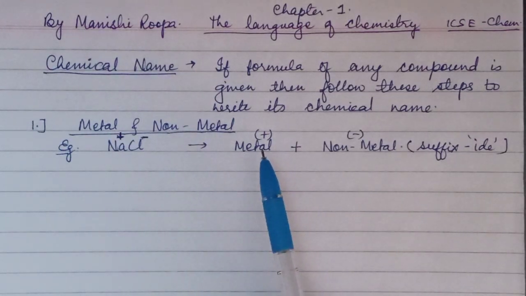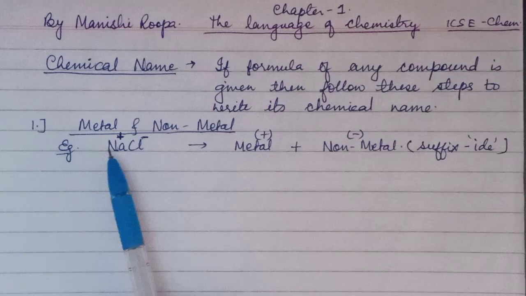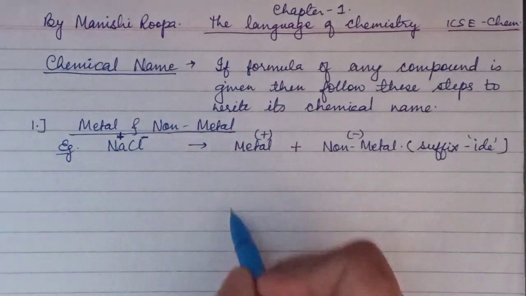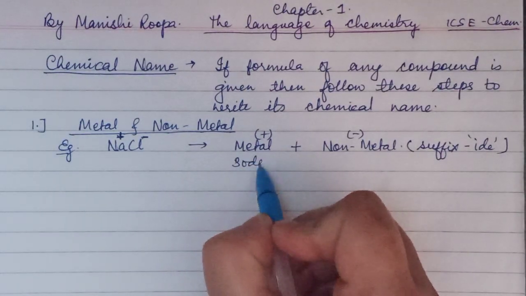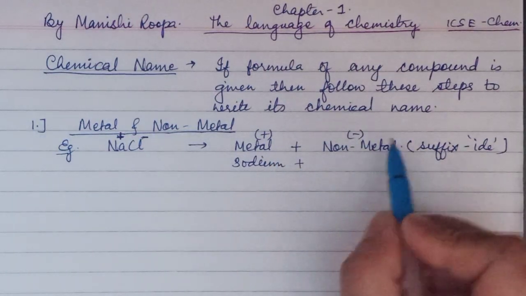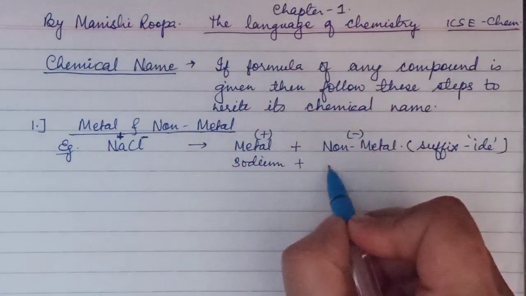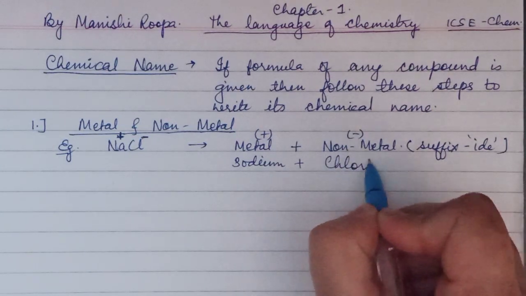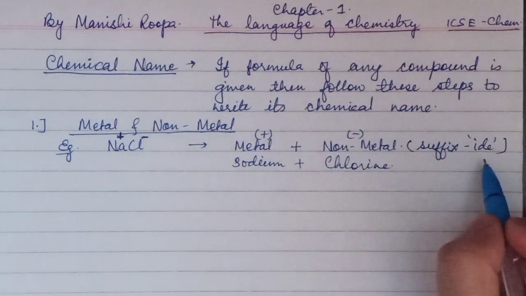Now see here, how will you write the name for this? What is the metal here? Plus 1. So write sodium, plus the non-metal. The non-metal is chlorine.